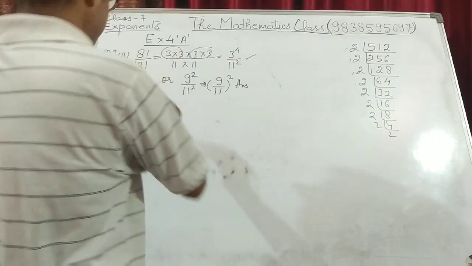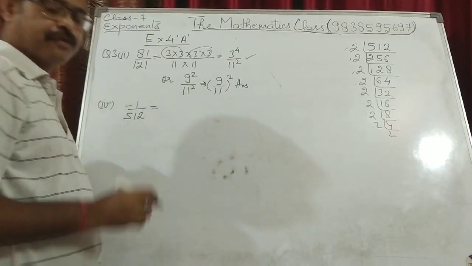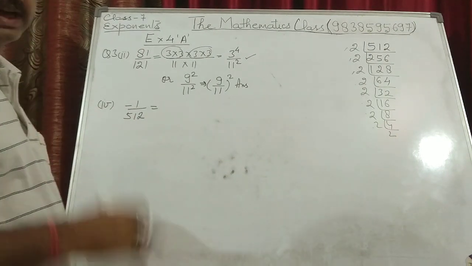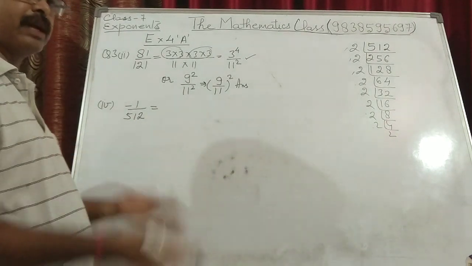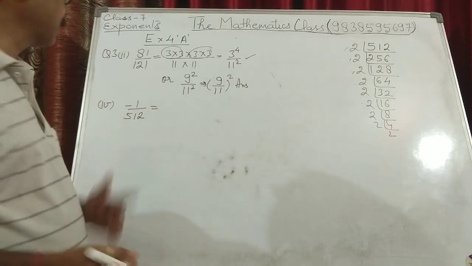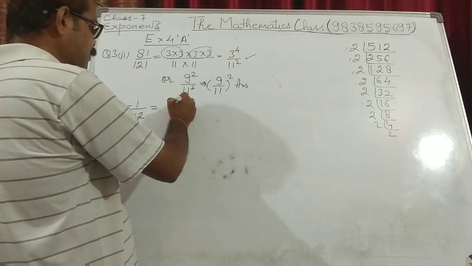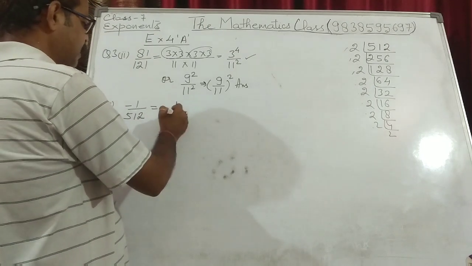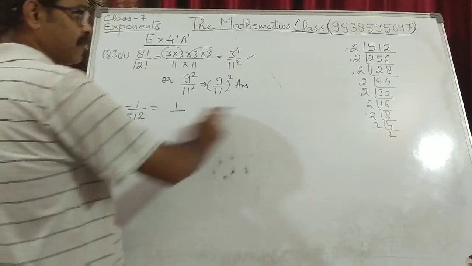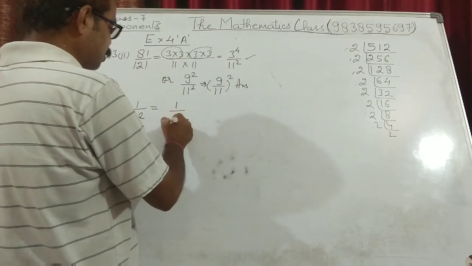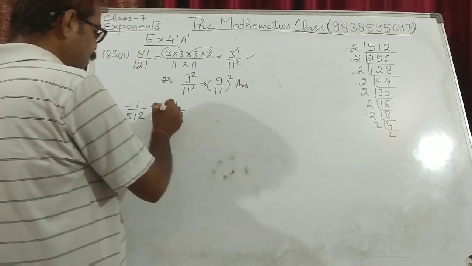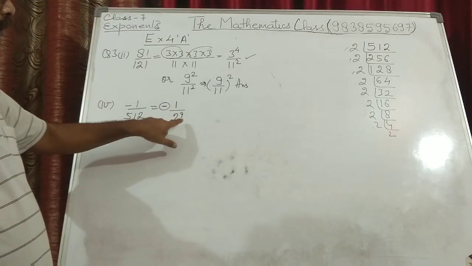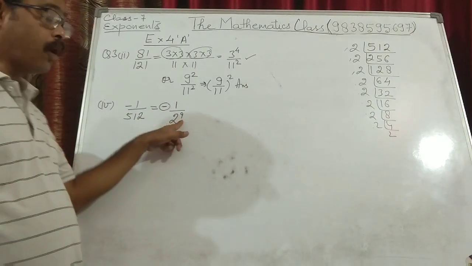It means 1, if you multiply by itself 2 times, 3 times, 4 times, 5 times, whichever number of times, will give you 1 only. It means this is 1. 1 can be written as 1 to the power anything, but here 512 can be written as 2 to the power 9. Now what about the minus sign? You can see that the power on 2 is odd.